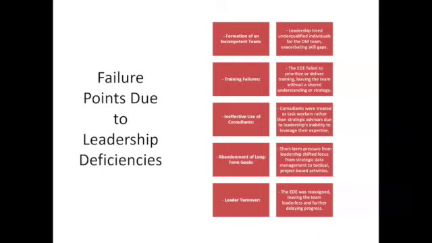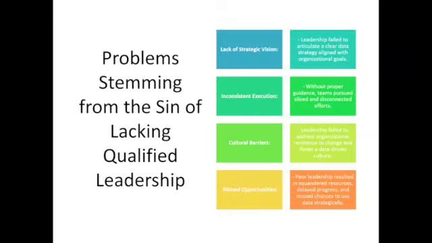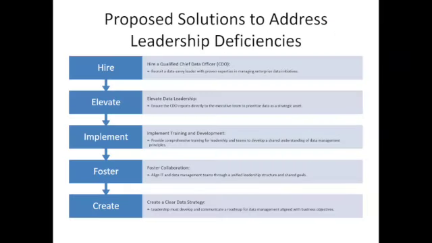Moving on to the next one, we have come up with some proposed solutions to address the leadership deficiencies. To address these leadership gaps, we propose 5 key solutions. Firstly, hire a qualified chief data officer with expertise in enterprise data initiatives.